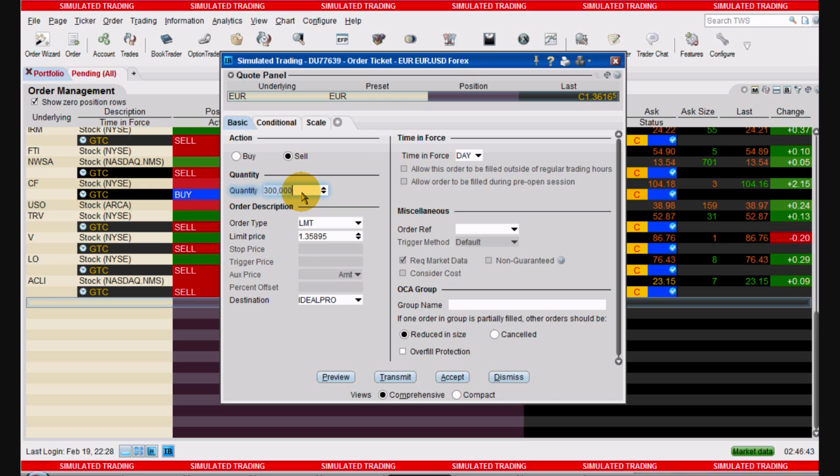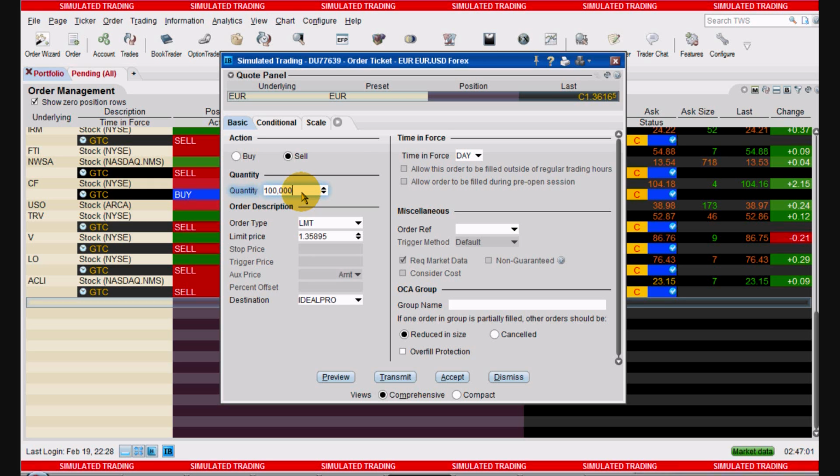And I usually trade in one lot, sometimes two lots, depending on what the stock market's doing. So one lot, and I'll go over this more later, one lot is 100,000. Doesn't matter what currency you're using.